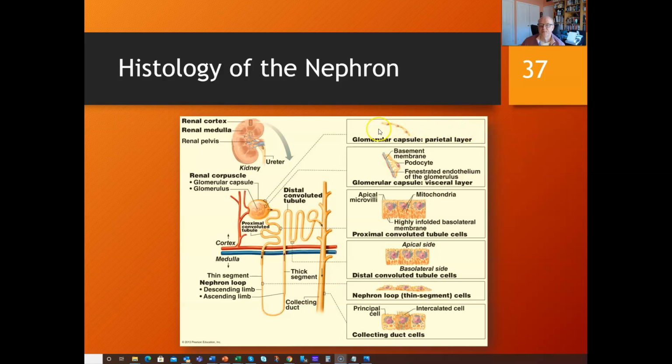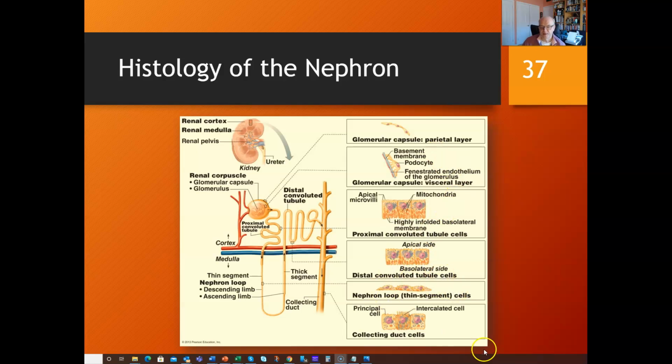So you can see here it's showing what the things are made out of. The glomerular capsule parietal layer is made of a thin layer of epithelial cells. And here you've got more structure going on in this basement membrane and podocyte. This is where filtration happens. We have this thing called a fenestrated endothelium. Fenestrations mean windows or pores. And then in the proximal convoluted tubule, you've got a much tighter membrane, and the same with the distal convoluted tubule.